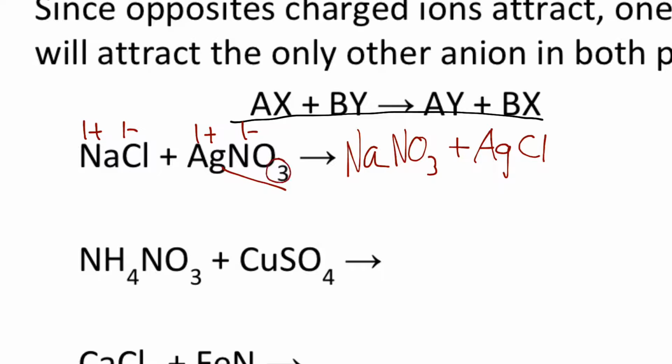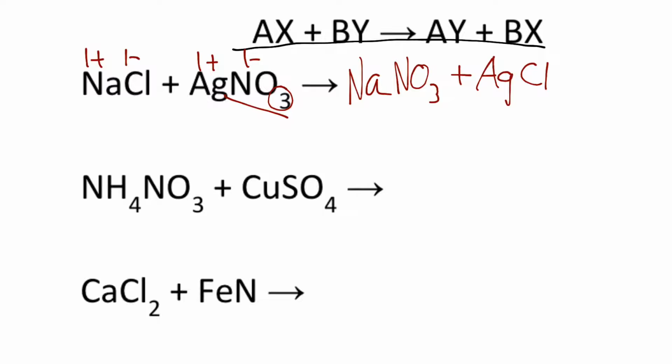Don't look at this 3 and think that it's a separate entity. If we continue down to the next example, ammonium is a 1 plus, nitrate is a 1 minus, copper in this case is a 2 plus, and sulfate is a 2 minus. Now when we repair these up, we have ammonium with the sulfate and copper with the nitrate.